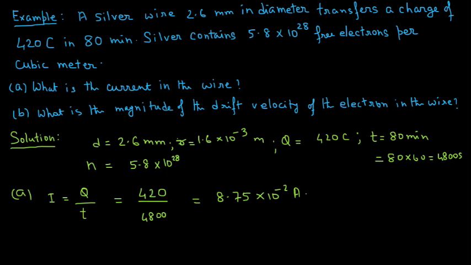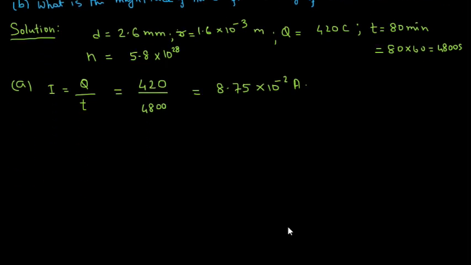So this is the value of the current. Now B, we need to find the drift velocity.